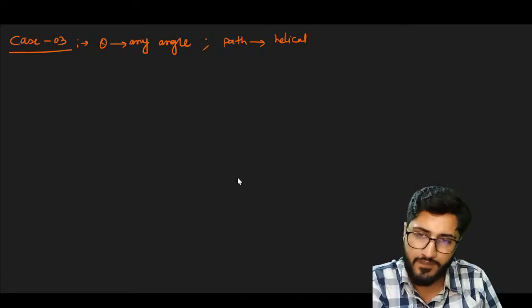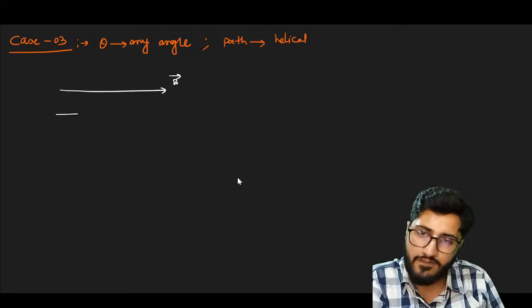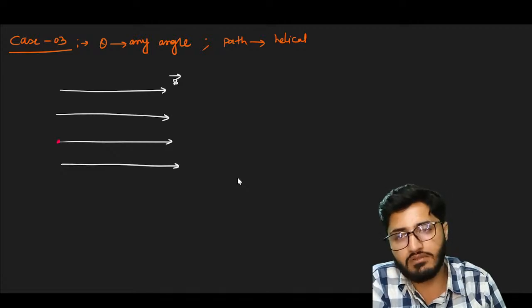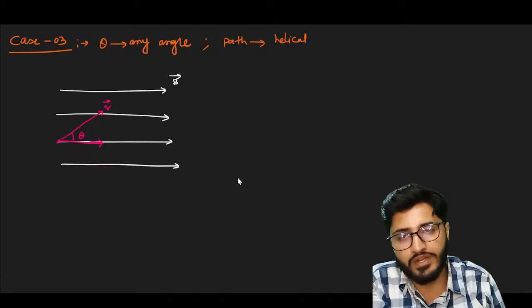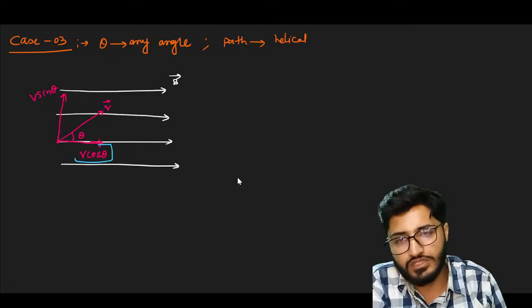Look, suppose this particular thing is my magnetic field. Now we are projecting my particle with velocity V and my angle is theta. From elementary math, we know that if something is at an angle, we can break these things into components: V cos theta and V sin theta. This is V cos theta.